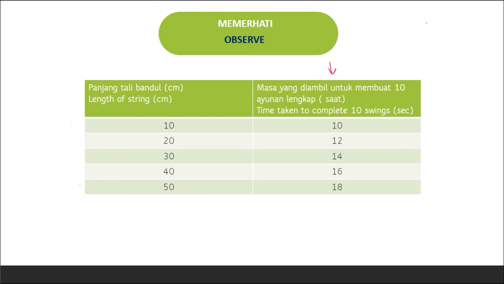If you want to make an observation, we must start with the back layer here. This is the responding variable. So we can start with time taken to complete 10 swings.